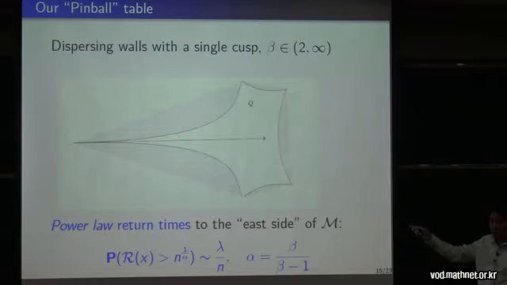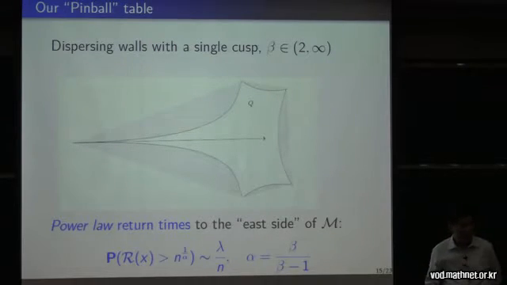So actually the curvature is 0, but you know what I mean, the shape of the walls there. And if the shape has this beta bigger than 2, then notice that alpha is between 1 and 2 for all beta between 2 and infinity. All right? So this is the cusp, and this is the model that we studied.